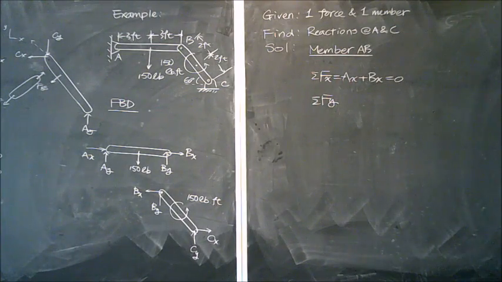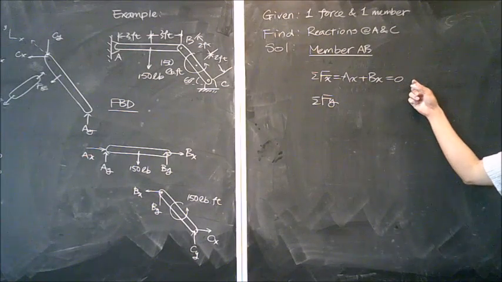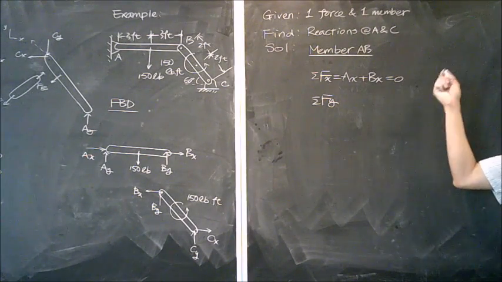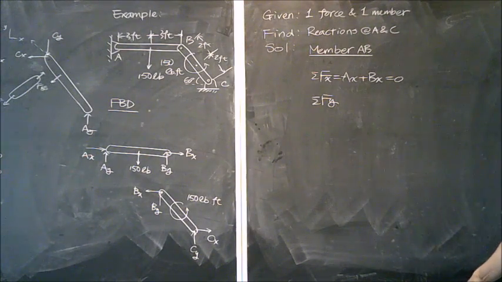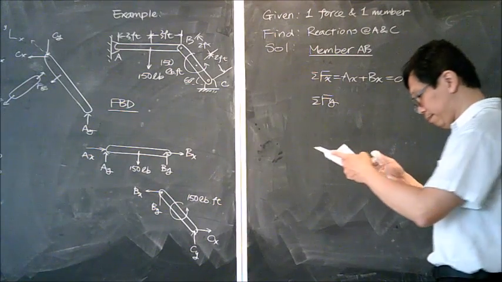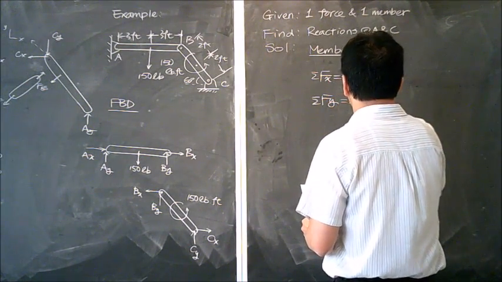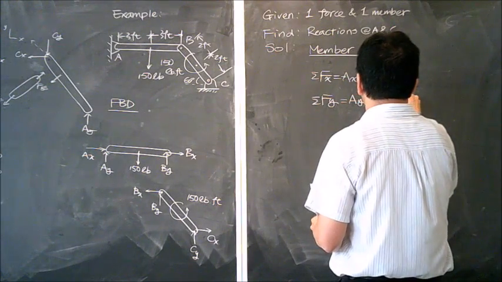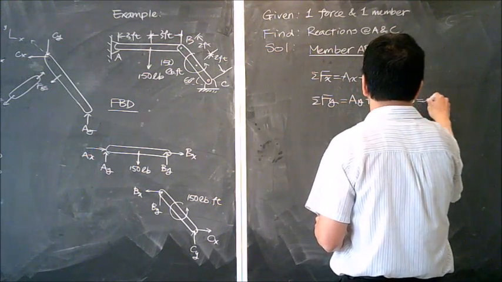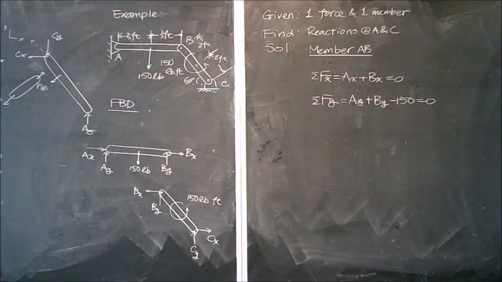So it yields Ax equals negative Bx based on this equation. So you can replace Bx with Ax or Ax with Bx. It's up to you. For Y, it's going to be Ay plus By minus 150 equals 0. So it yields Ay plus By equals 150 pounds.